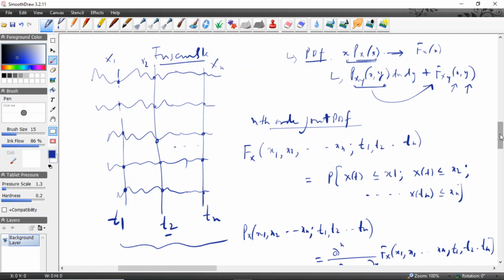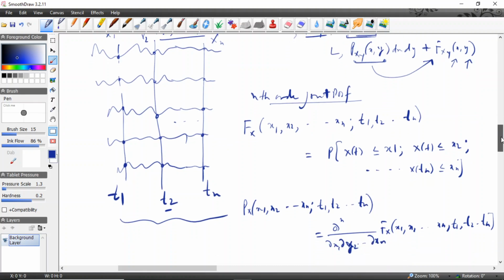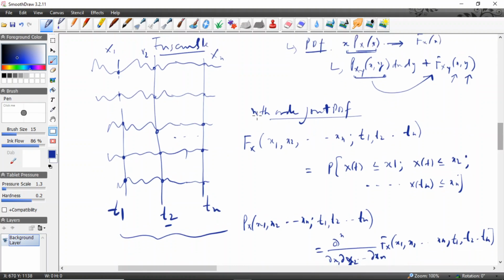Okay, so suppose I take the second order, meaning you just take two samples, maybe at t1 and at t2, so you get a random variable x1 and a random variable x2. Then in this case you will have Fx of x1, x2, t1, t2.